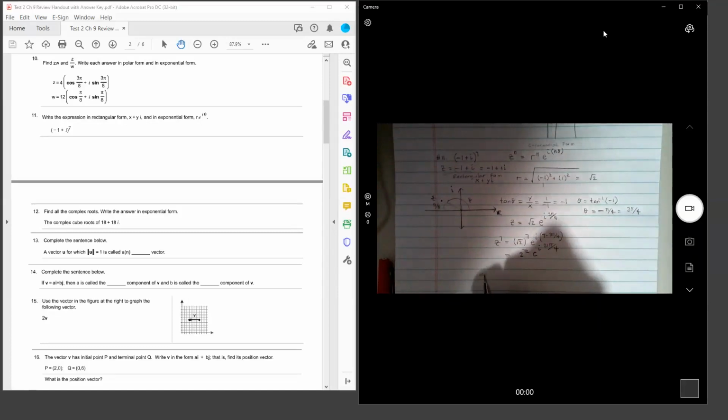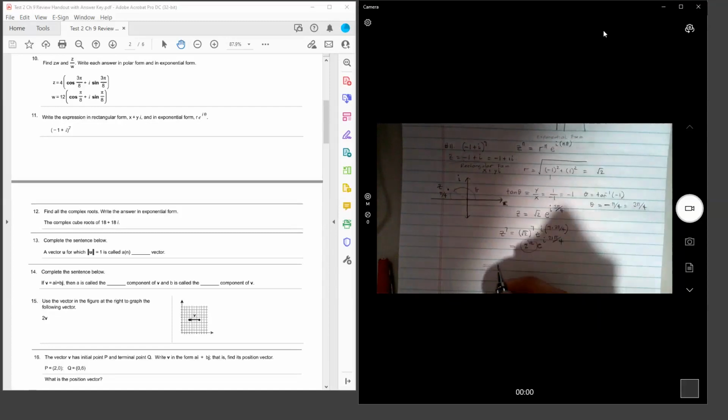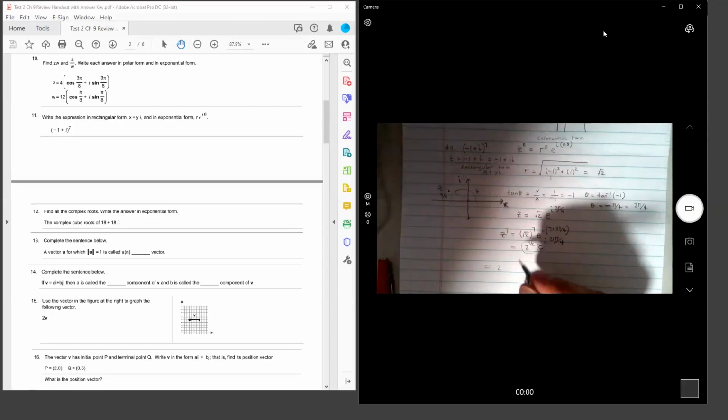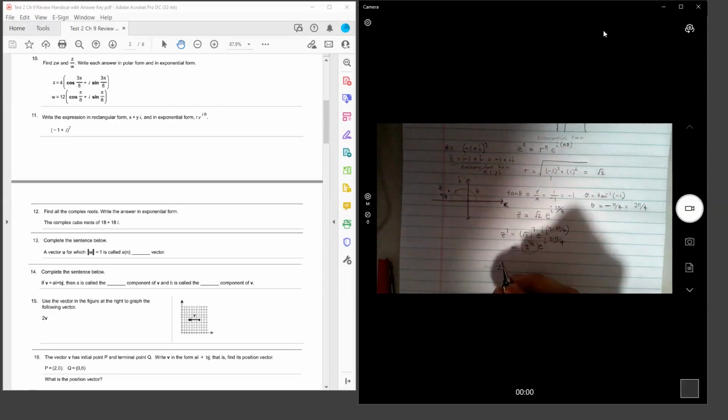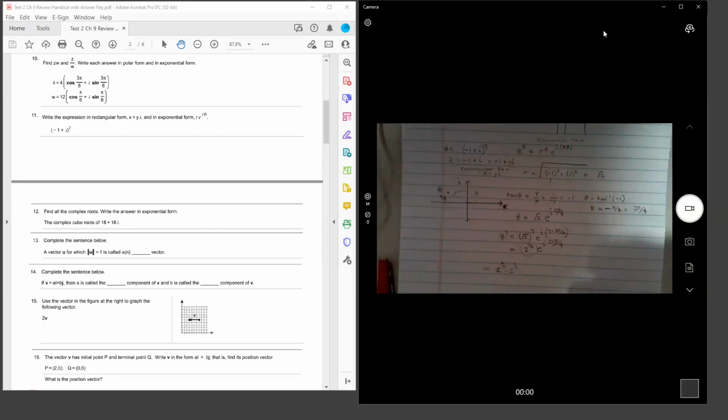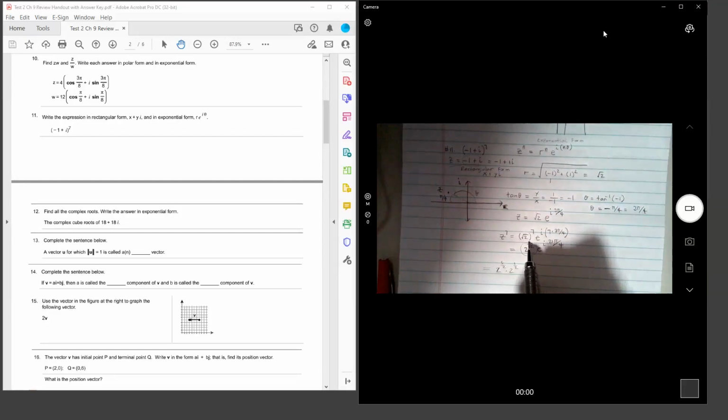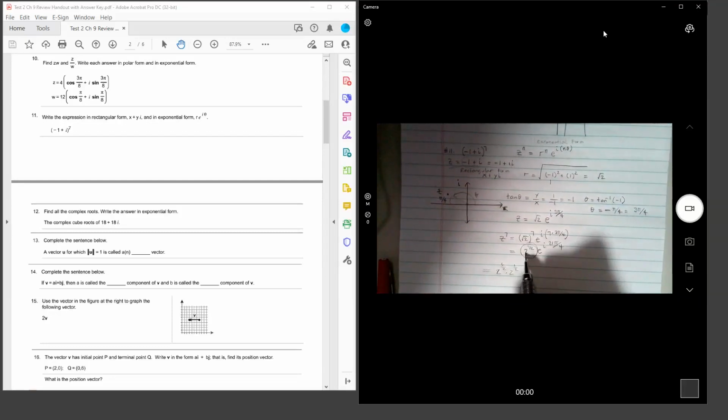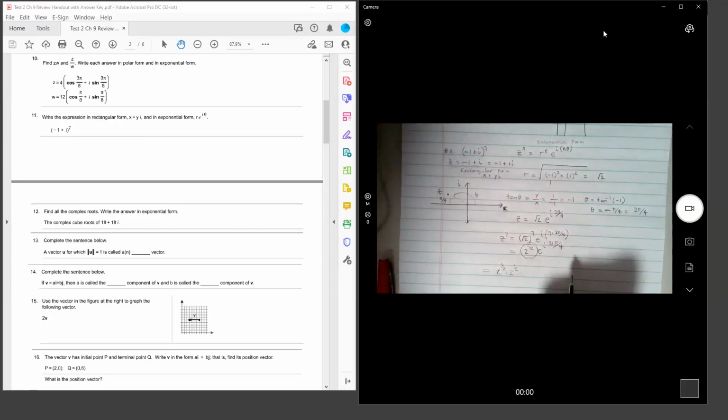All right, time to clean up. In order to clean this up, I'm looking for something a little bit more fun than just 2 raised to the 7 halves power.